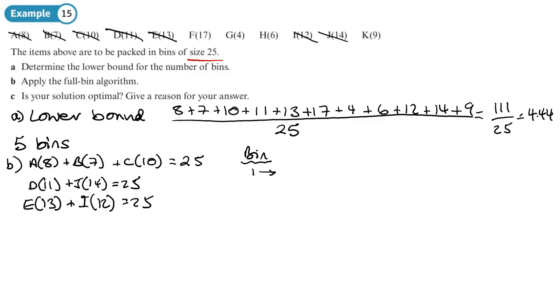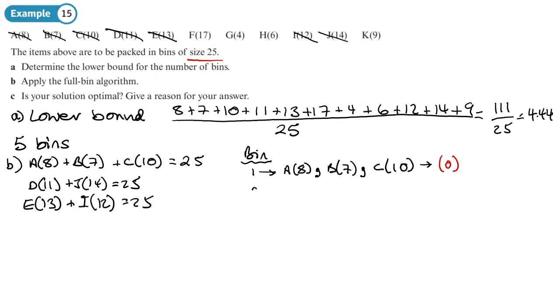Right, so we can start to do this. So bin number 1 is going to be A and B and C. So here we've got a full bin, so there's no wasted space there. I'll just put 0 down.